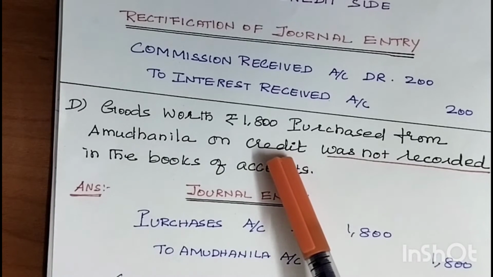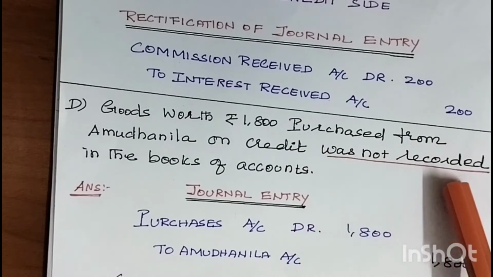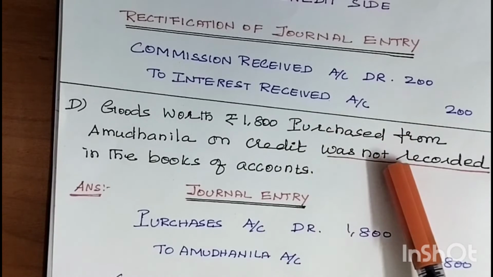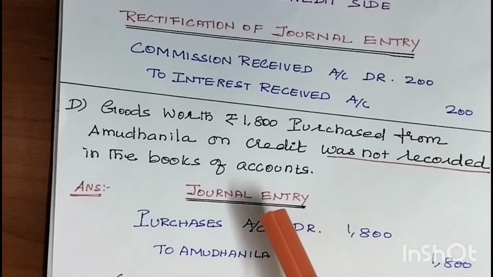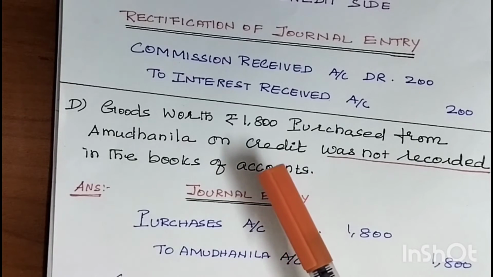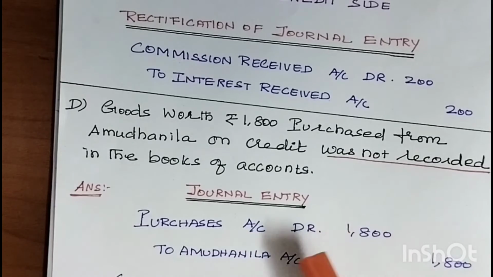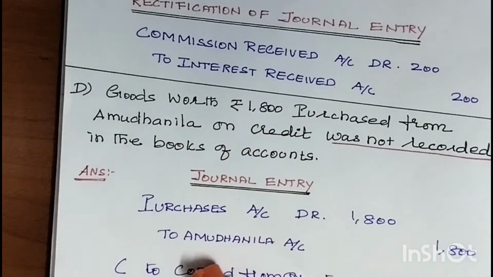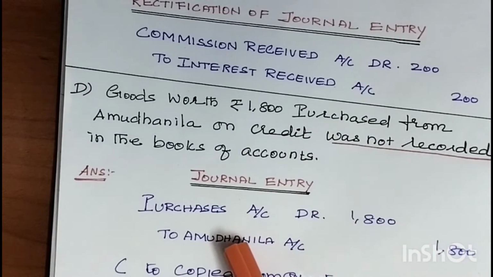But that entry was not recorded in the books of account. This entry was omitted. Now we record it in the journal entry. What is the journal entry for credit purchases? Purchases account debit to the name of the person account. The name of the person is Samudanila account. So we have recorded the omitted journal entry now.